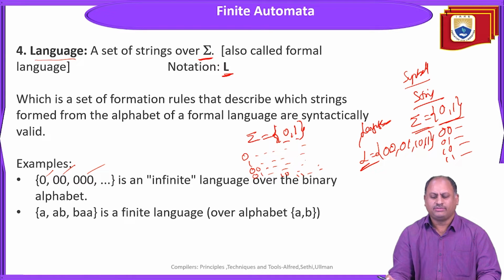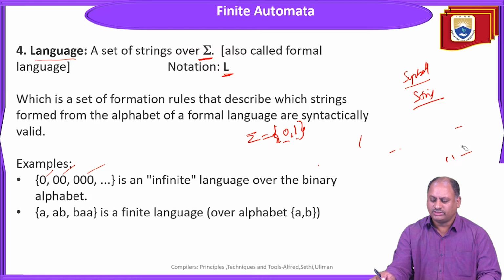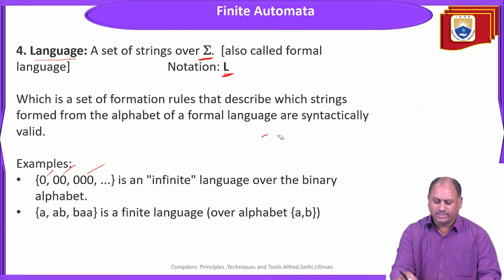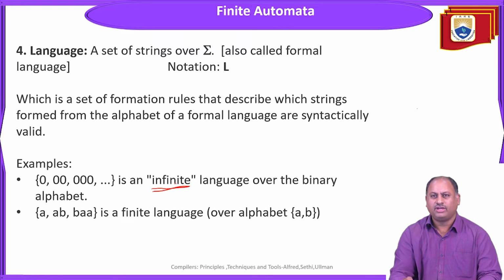So the strings are not limited. There will be a large number of strings, and that is called an infinite language. That means the strings are not limited or not in a range, it is indefinitely continuing. In this case, it is called an infinite language.